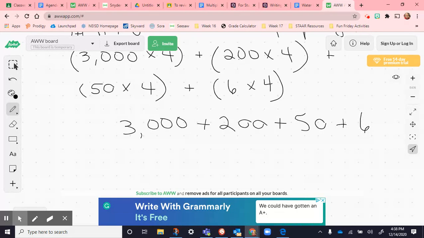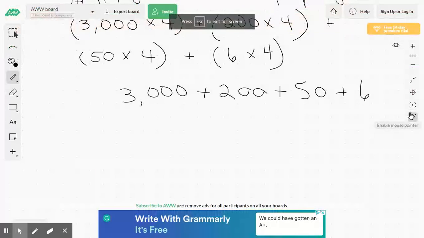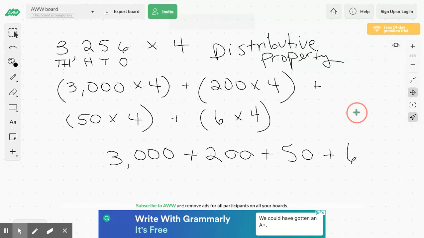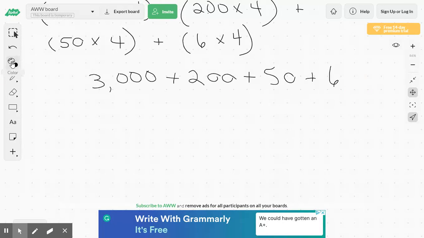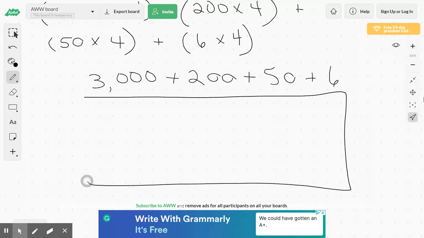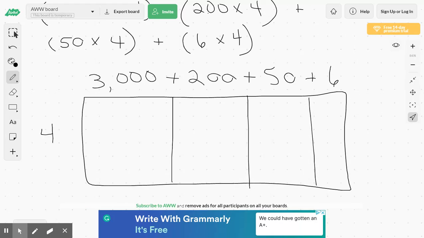All I did was take this number 3,256 and put it right here in expanded form. So I'm going to push this up, get my pencil back, and draw a box underneath it, and we're multiplying all that by 4. Where those plus signs are, I'm going to draw my lines down, and then I'm going to start multiplying.